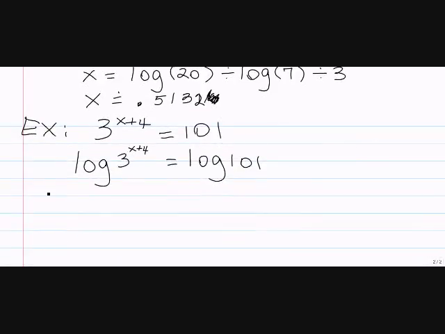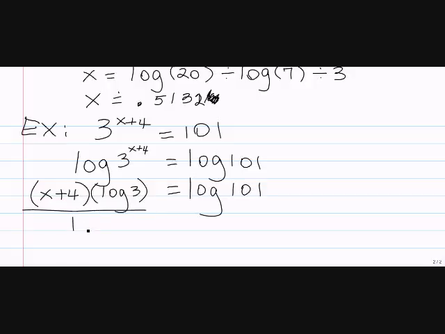Bring the x plus 4 outside of the log, and I always put that in parentheses to remind me that what I have to do next is a division, the inverse of a multiplication. So this is x plus 4 times the log base 10 of 3 is equal to the log base 10 of 101.